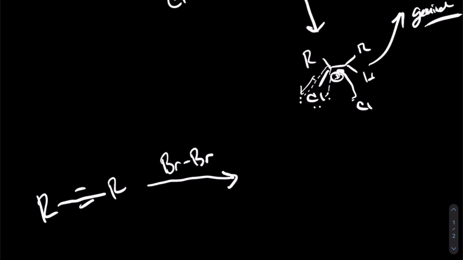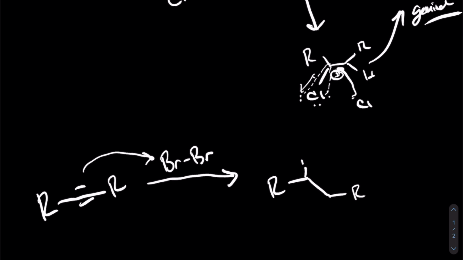It's going to keep adding. It's going to add like nuts. It's going to give you a bromine and a bromine here. That's going to be the first one. Then it's going to be like, never mind, I want to keep going. And so you will end up with this tetrabrominated product because the halogenation process can't stop.